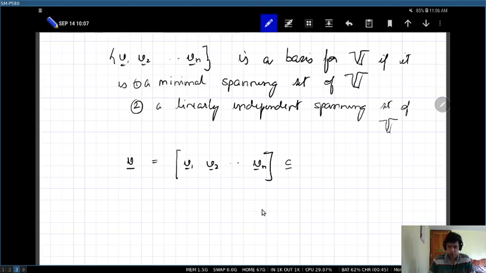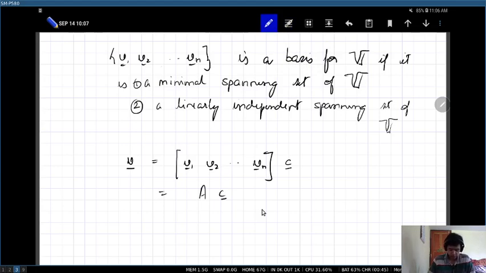Let's call the coefficient vector C. So I should be able to write V as a linear combination of v1, v2 up to vn, or in other words, in the matrix form, V equals the matrix, capital V times C, right? Or let me call it A times C, just because we're using too many V's.